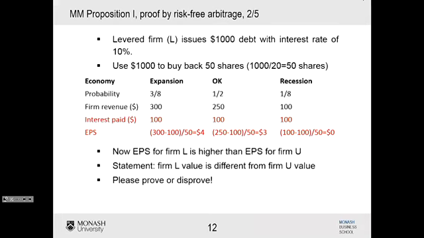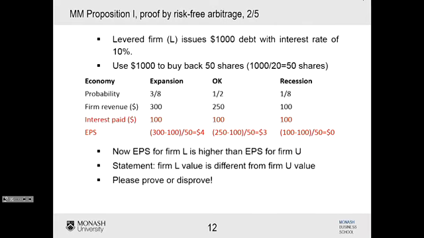Remember, when it's fully equity financed, the firm is worth $2,000. If you issue the debt, you have to pay the interest to the debt holder. How much? Let's assume another one, 10%.